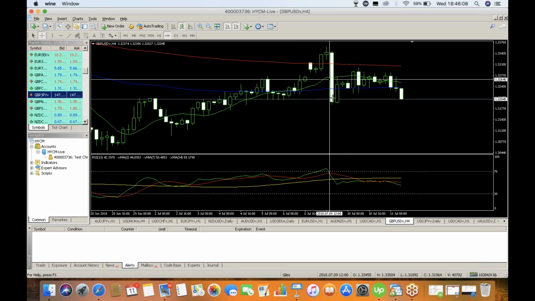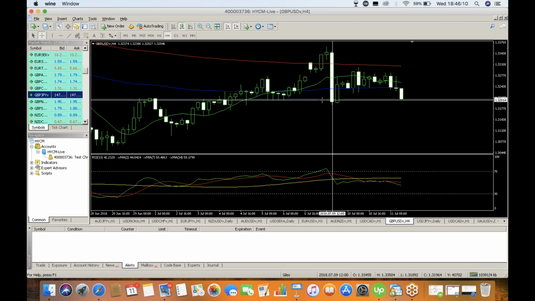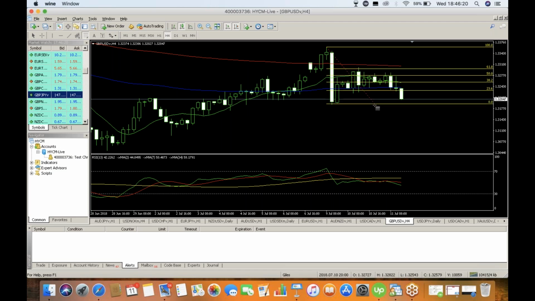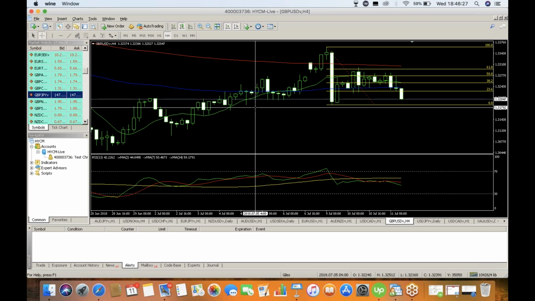So the pound was instantly sold off. In that kind of scenario, a way you could have dealt with that is to draw a fib retracement tool onto that candle. Because remember what we learned about Mr. Market.